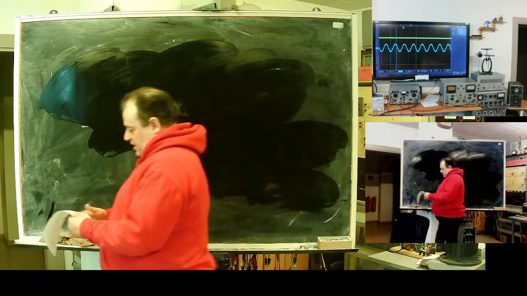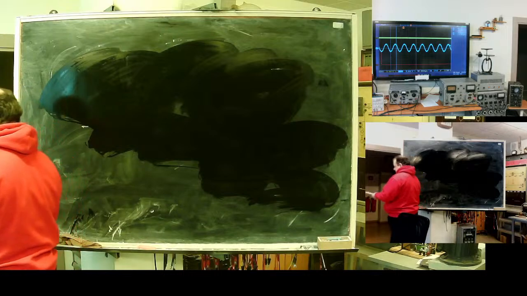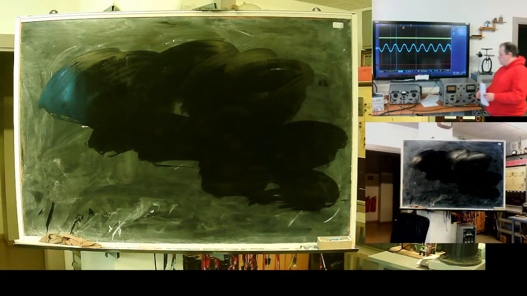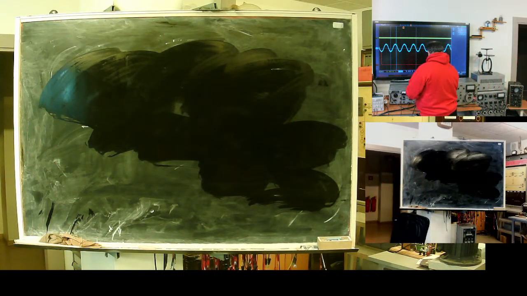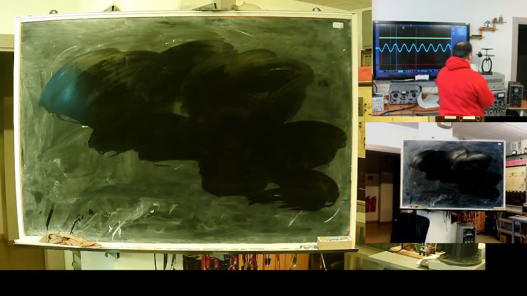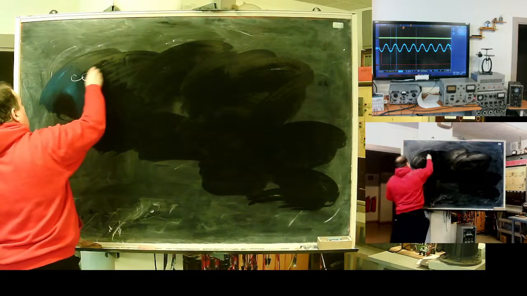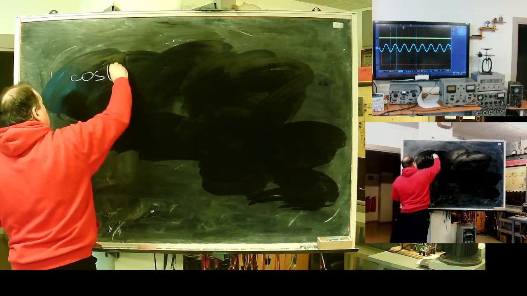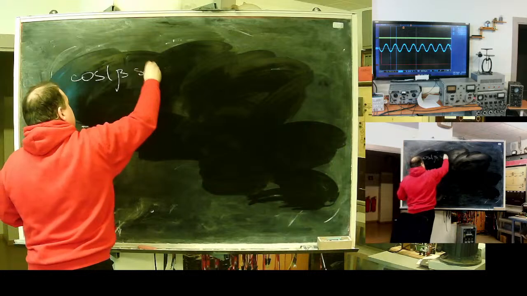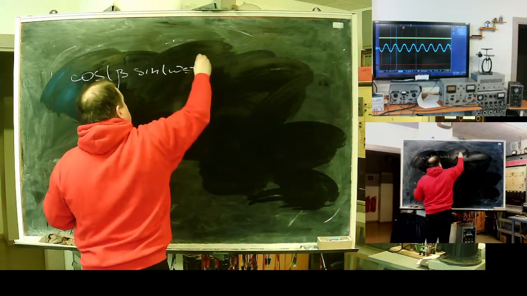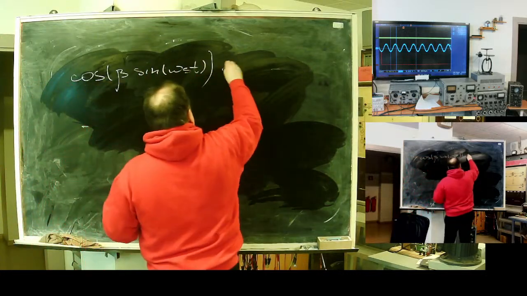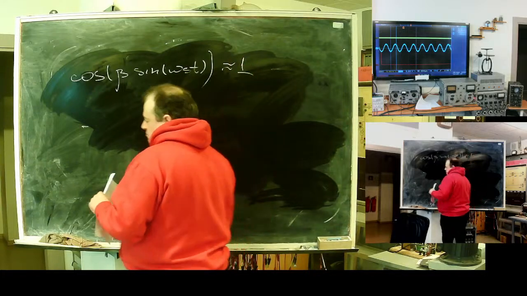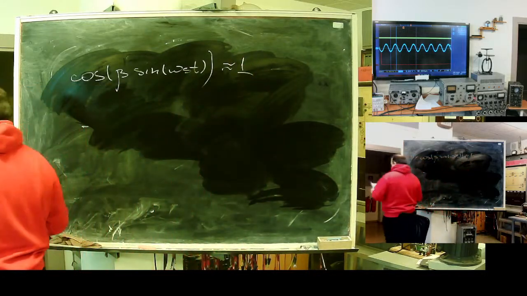If I assume very small betas, cosine of beta sine omega s time can be approximately assumed equal to 1.